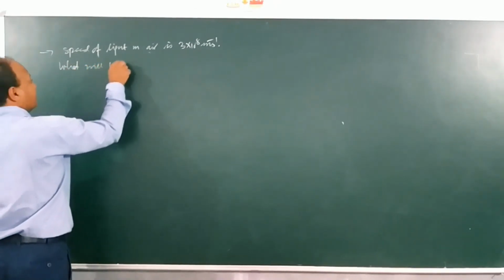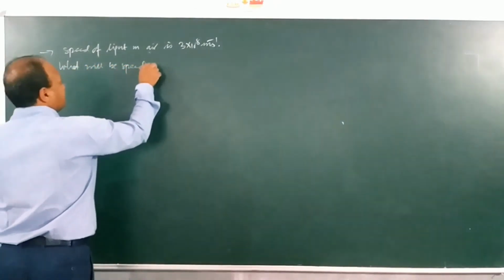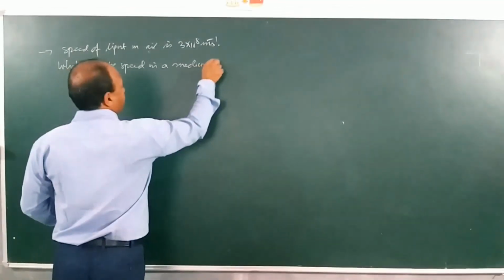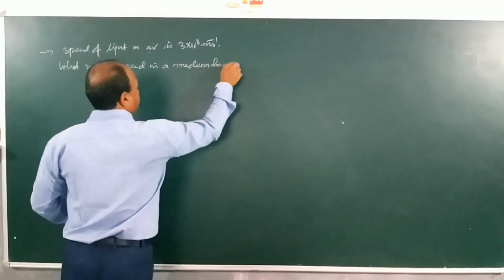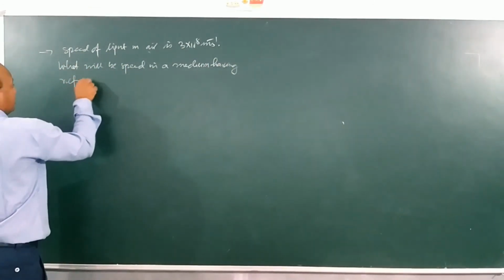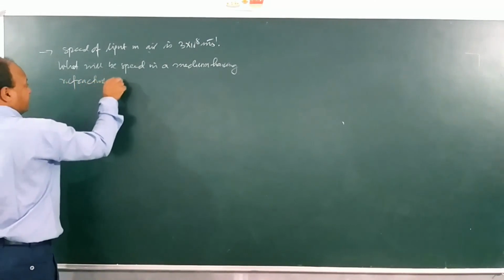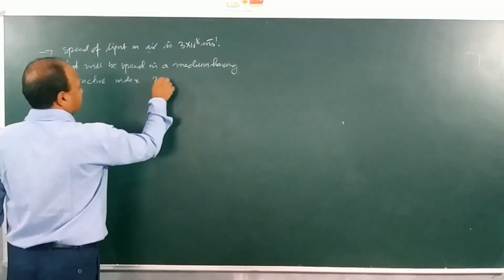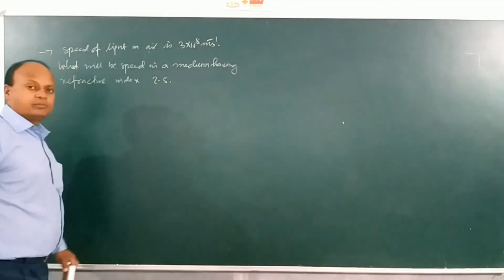What will be the speed in a medium having refractive index 2.5? Very easy.